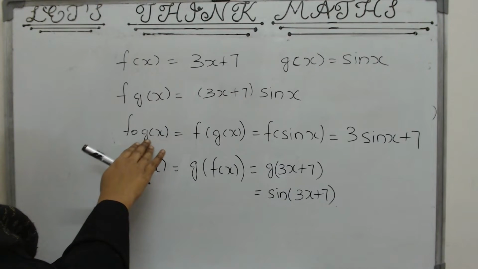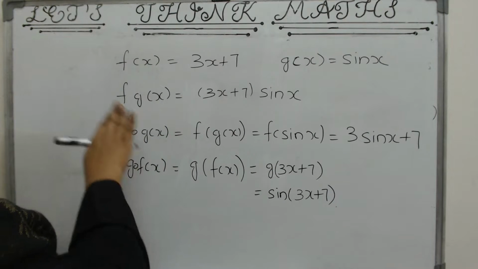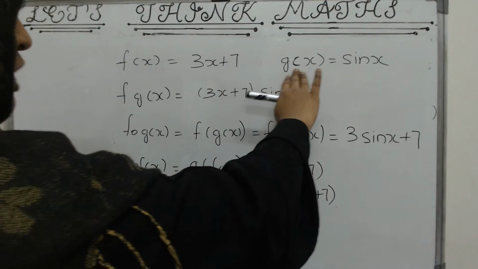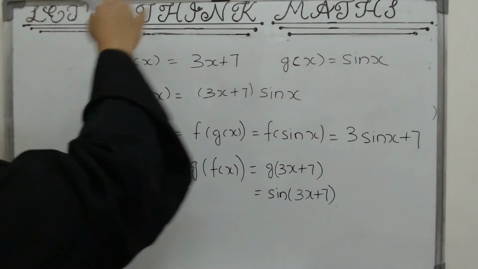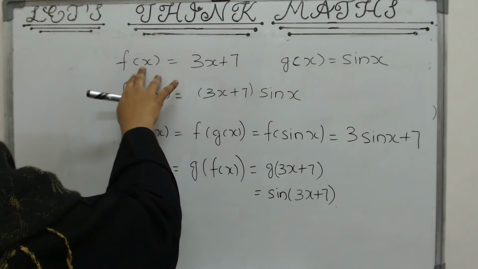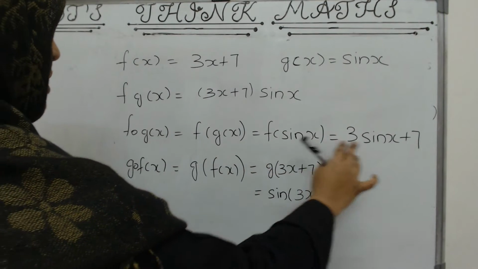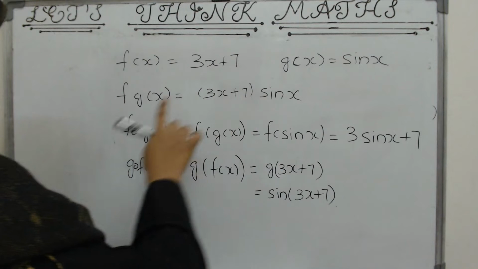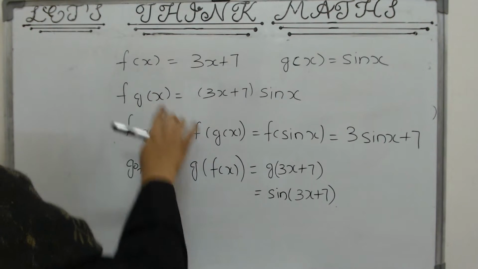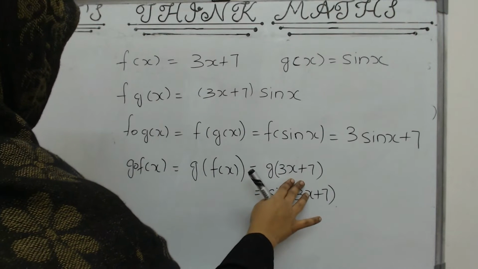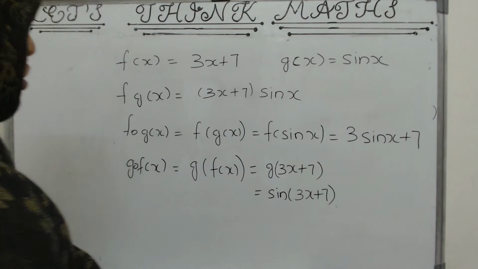But f composition g means what? First you apply g. When you apply g, you map x to sign x and then you apply f. That means wherever there is x, you put sign x instead. Now g composition f. First apply f. You map x to 3x plus 7, then you apply g. So this is the difference.